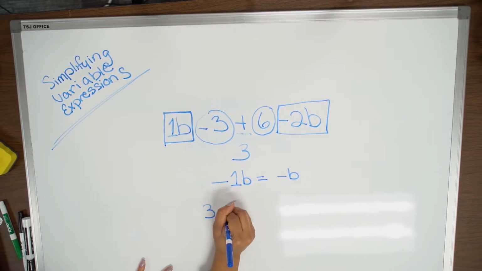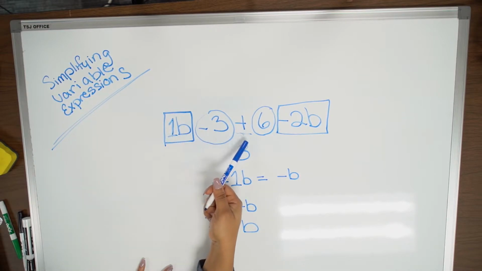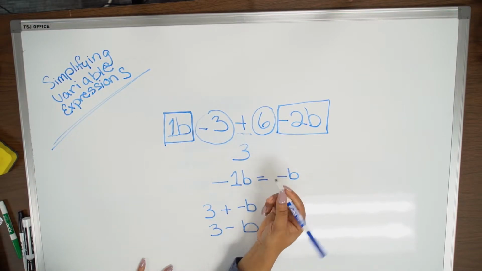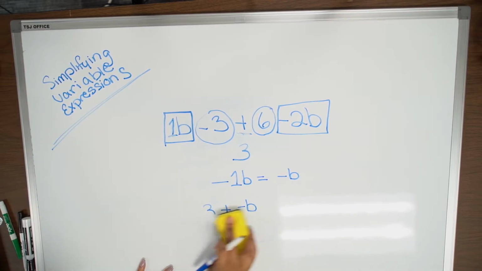So that means our answer is 3 plus negative b, or you could simply say 3 minus b. So 1b minus 3 plus 6 minus 2b simplified is 3 minus b. Hopefully that's starting to make sense.